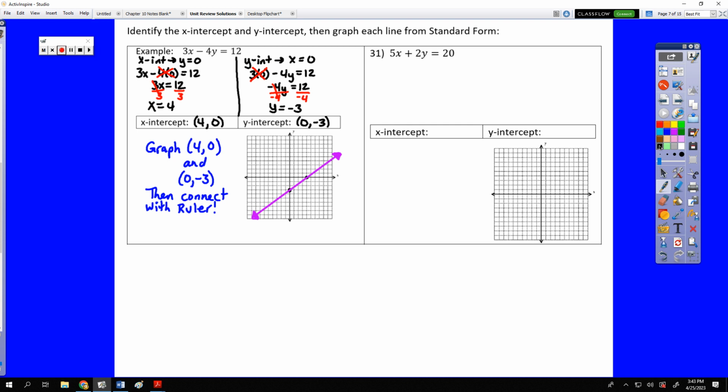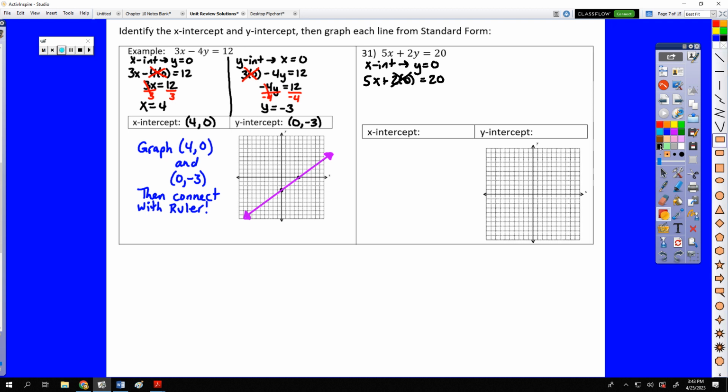Basically, to find the x-intercept, we are setting y equal to 0, which means our equation, 5x plus 2 times 0 equals 20, would have the entire y term drop out. This is why it is called the cover-up method, because it generates an equation where the y term disappears.